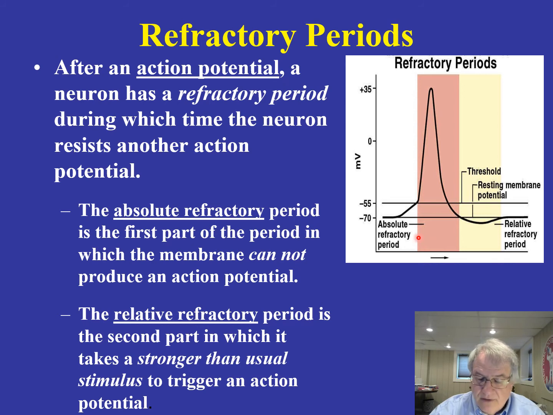The action potential simply cannot occur again during this period of time. A little bit later on, however, is what is called the relative refractory period. That's in the yellow. During that second part of the refractory period, a stronger stimulus, one that's way above threshold, can trigger an action potential. During the absolute refractory period, that can't happen, but it can during this relative refractory period.